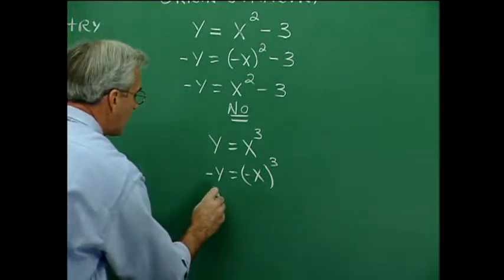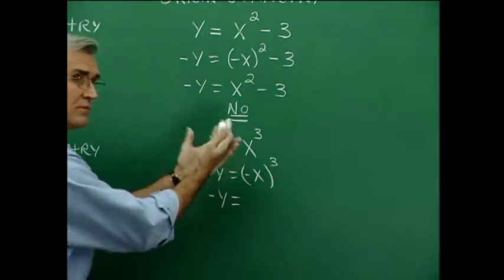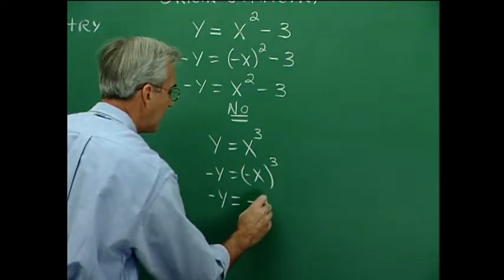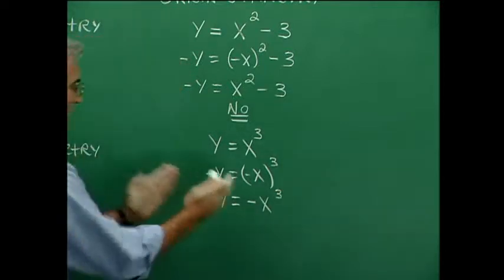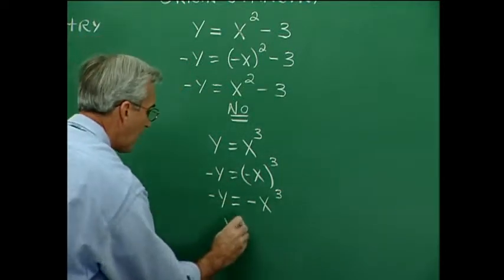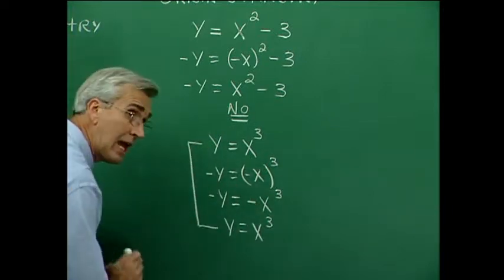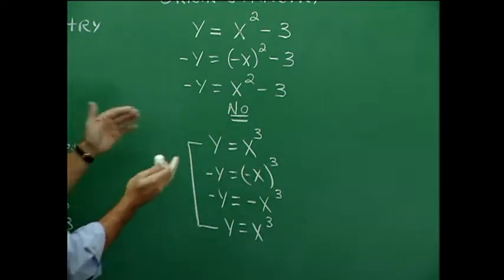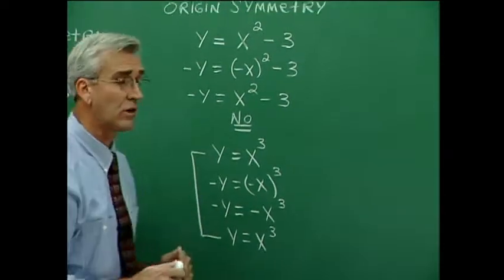We have negative y equals negative x cubed. Negative x times negative x times negative x is just negative x cubed. Multiply by negative 1 on both sides, and we have y equals x cubed. Oh, happy day. These look exactly alike, and therefore we're determining that, yes, the graph of this equation is symmetric to the origin.